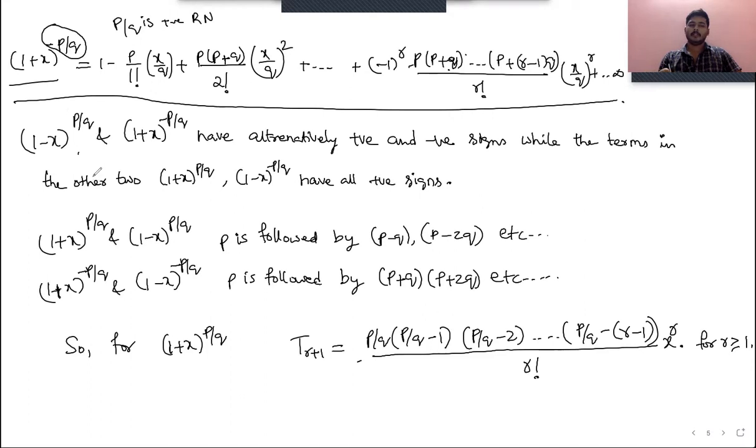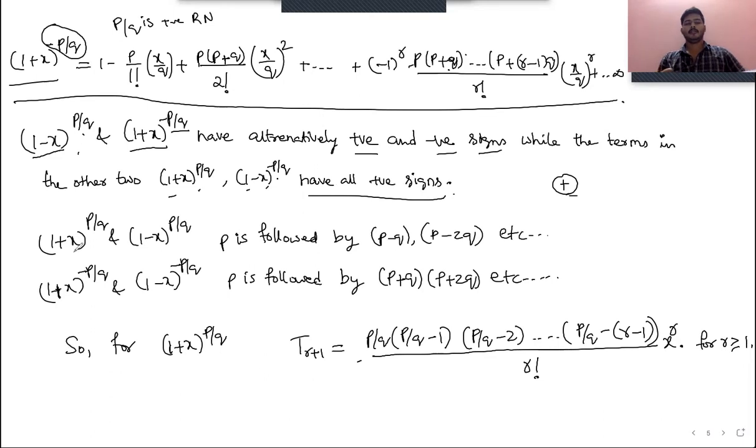cases on the paper, and then if you observe them closely, 1 minus x whole power p by q and 1 plus x whole power minus p by q have alternatively positive or negative signs, and 1 plus x whole power p by q and 1 minus x whole power minus p by q will have all the positive signs, like the terms, the sign of the terms will be all positive.